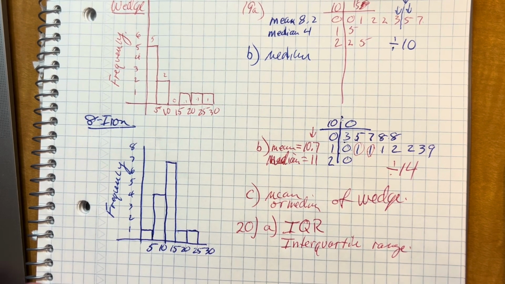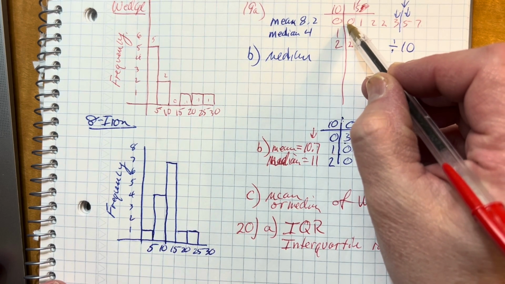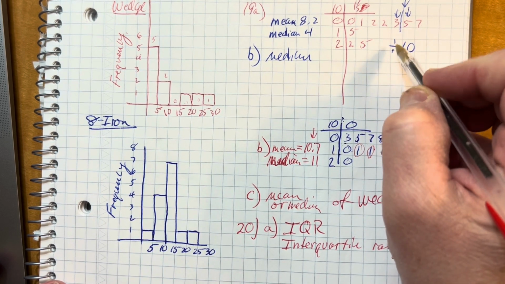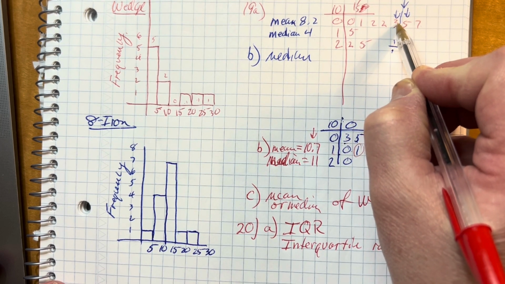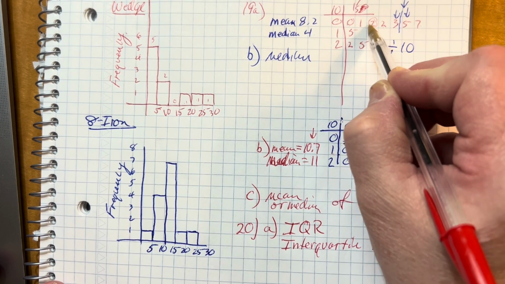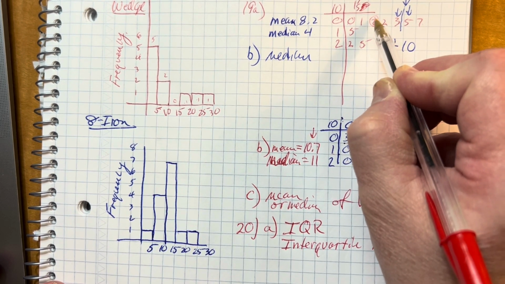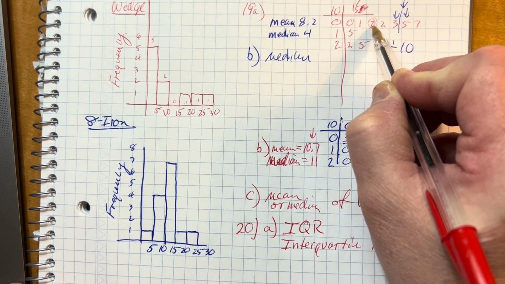So how do we do that? Of course, we remember that we're taking the median of the lower half and the median of the upper half. Here's 1, 2, 3, 4, 5. There's 5 digits. I'm going to count in 1, 2, 3, circle it, 1, 2, 3, and circle it. Right here is the Q1, or lower quartile.